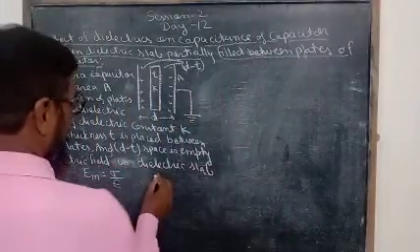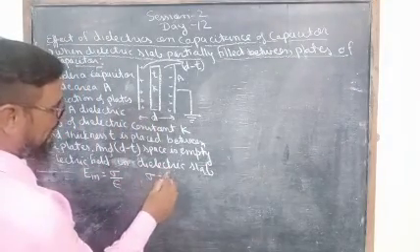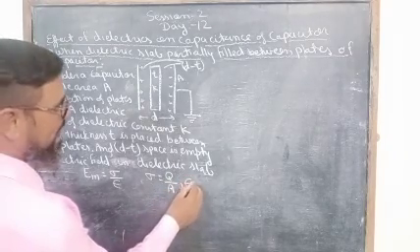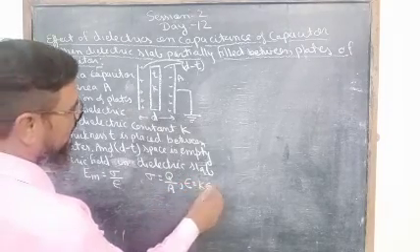We know that sigma is equal to Q by A, and epsilon is equal to K epsilon naught.